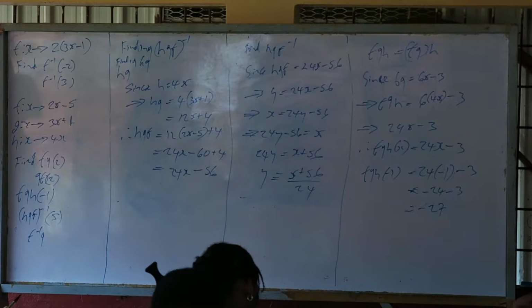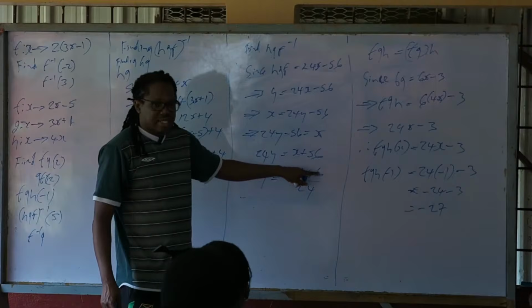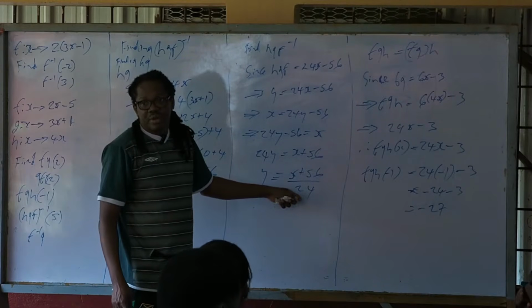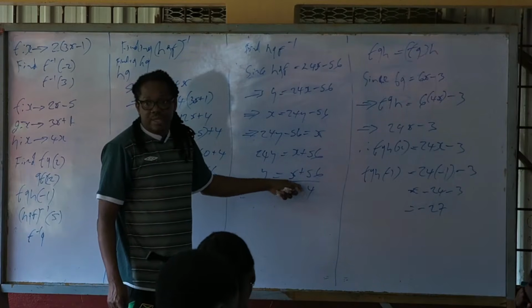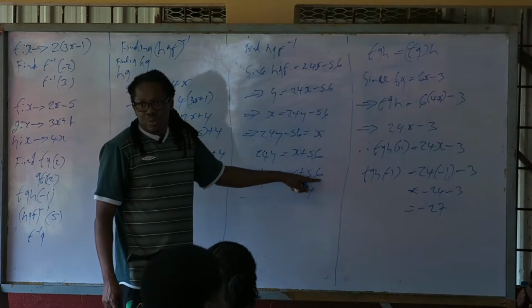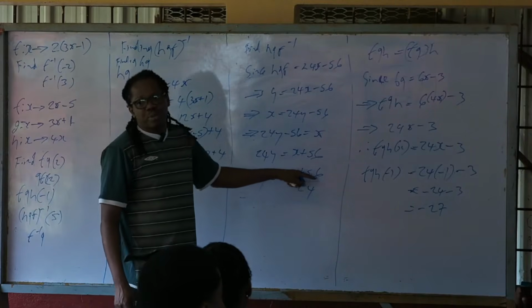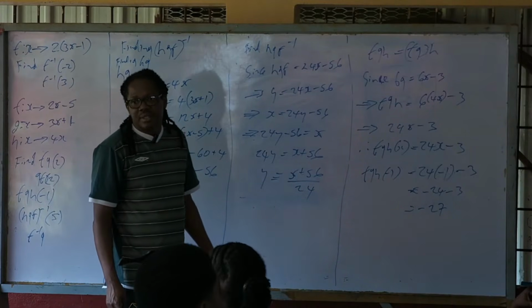Can't simplify. Once this is x plus 56, you can't divide by the 24. You understand? Because the 24 must go into the sum of this, which you don't know. Now, if it was 56 plus 56, you know the sum of it.